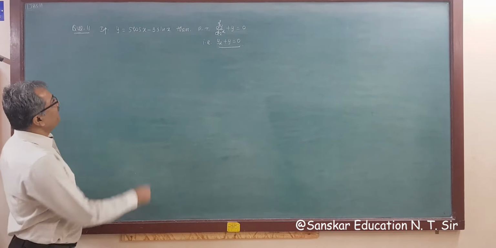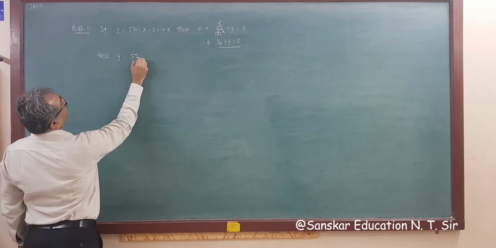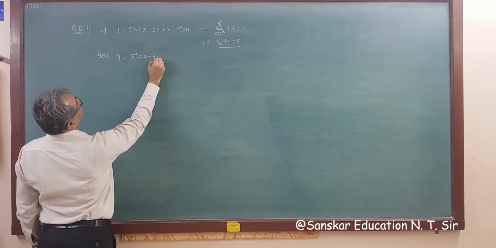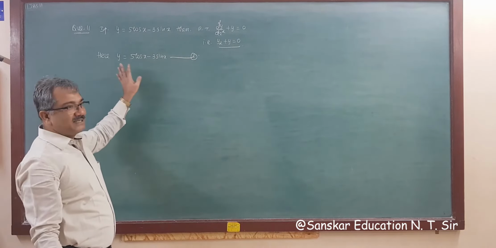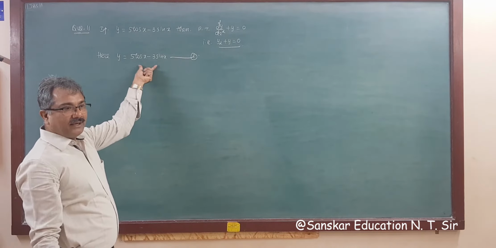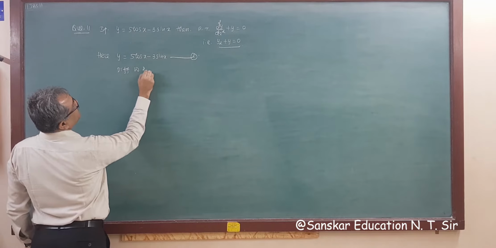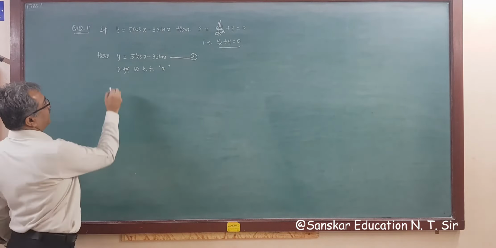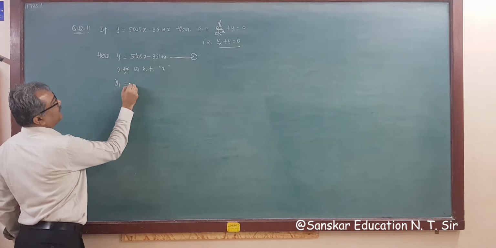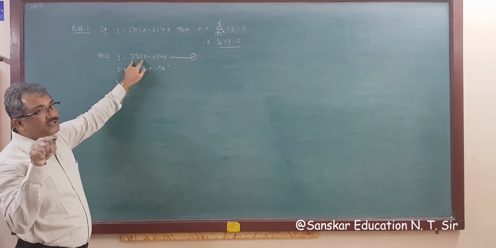So what is given here? y is equal to 5 times cos x minus 3 sin x. Say result number 1, because there is no simplification. This is in simple form only, right? So now differentiating with respect to x, derivative of y, y1 is equal to, now this is 5 into cos x, there are 2 terms but 5 is constant.